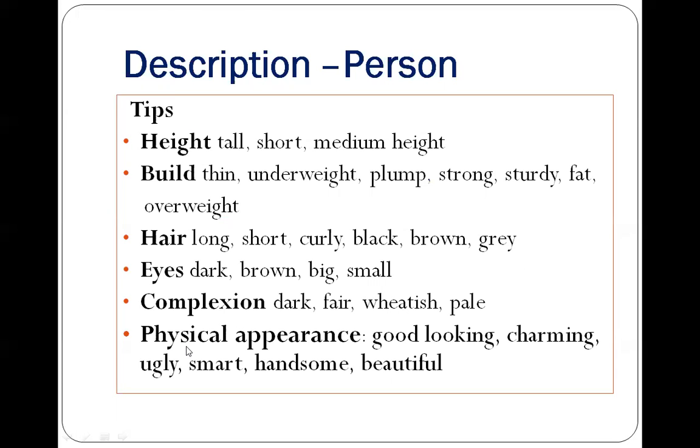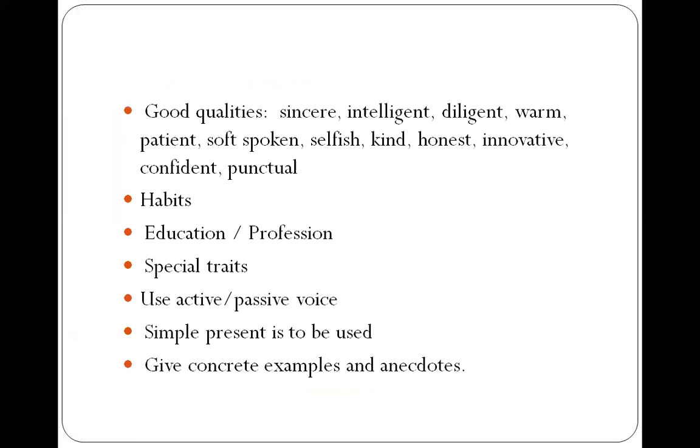You can also mention the complexion, the skin color that they have: dark complexion, fair complexion, wheatish or pale. Then you must write about the physical appearance, whether they are good looking, charming, ugly, smart, handsome, beautiful. Now keep this in mind: when you are describing a male, you must use the word handsome. Beautiful is used for females, right? You can use pretty. That way you can use the words when describing the physical appearance of a person.